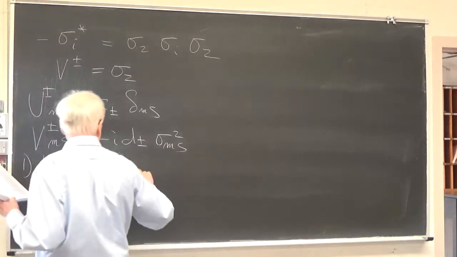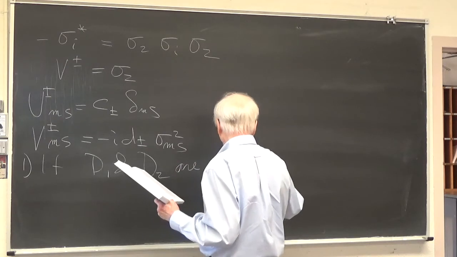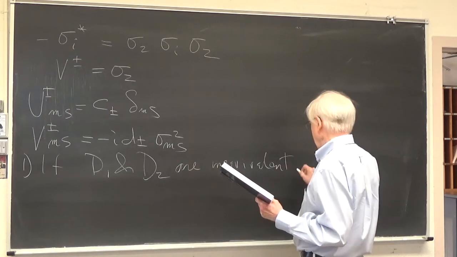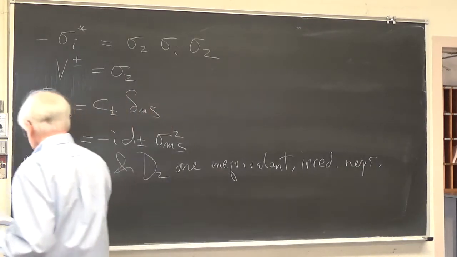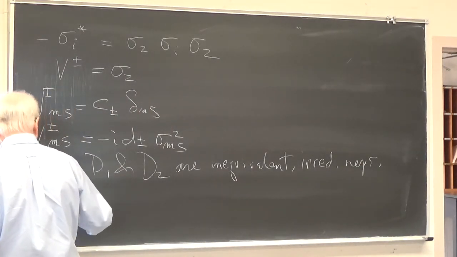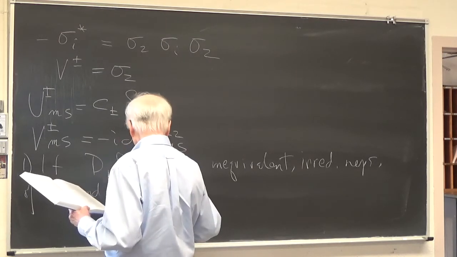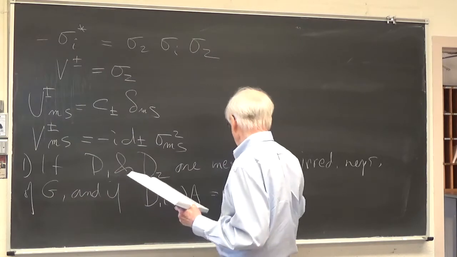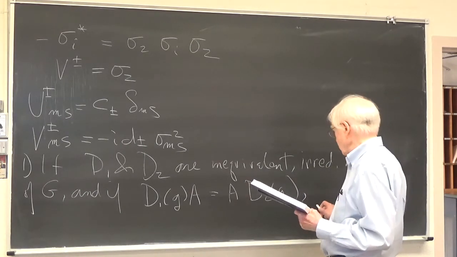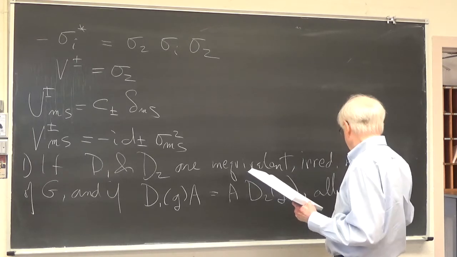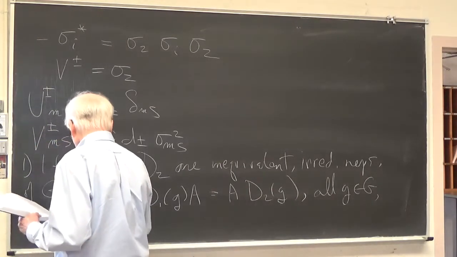If D1 and D2 are inequivalent irreducible reps of a group G, and if D1 of g times A is equal to A times D2 of g, for some matrix A and all g, then A must vanish.